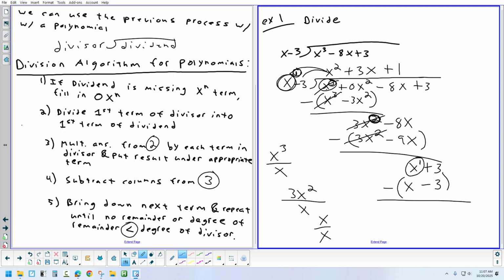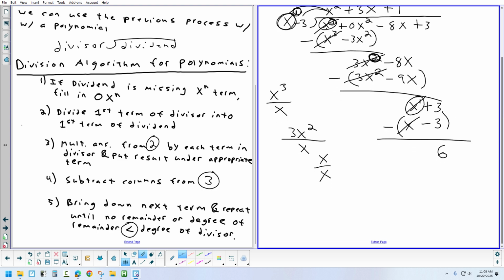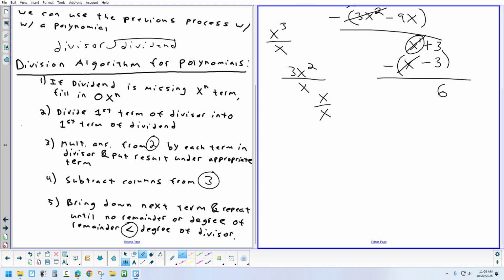And subtract your columns. x minus x is gone. And what's 3 minus negative 3? 6. And what do you think that 6 is? That's my remainder.